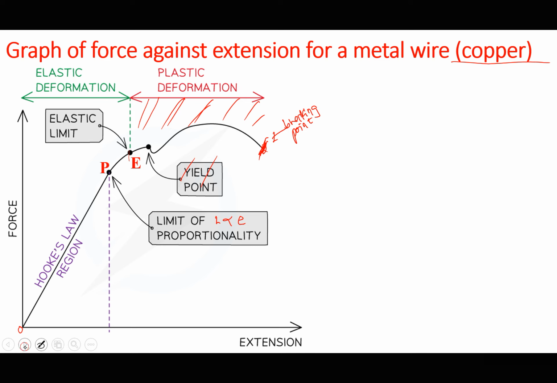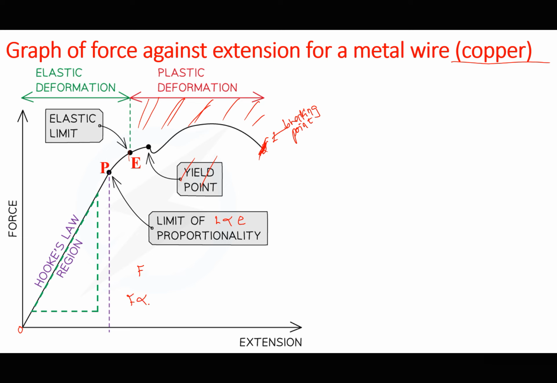It is going to be very convenient for us to consider, number one, the gradient of the straight line part of this graph. What does the gradient stand for? This is a graph of load against extension, and a straight line means that the load F is directly proportional to the extension.